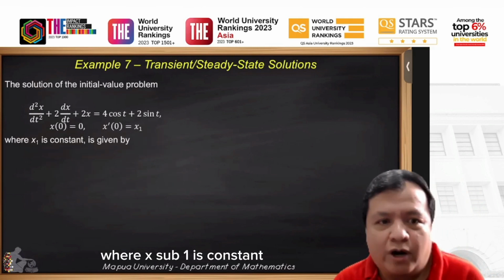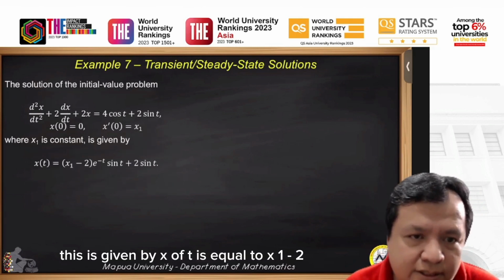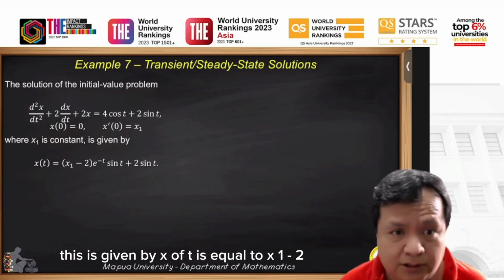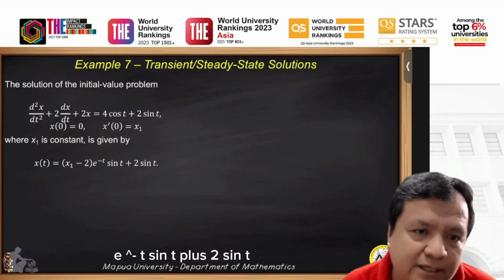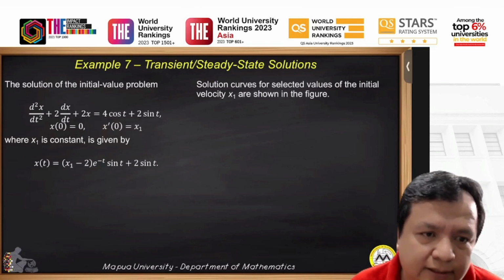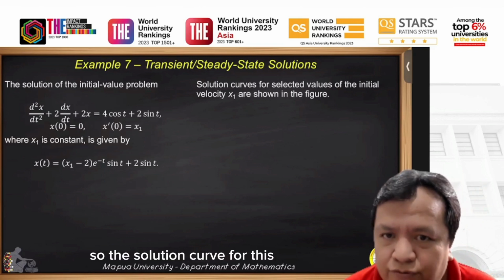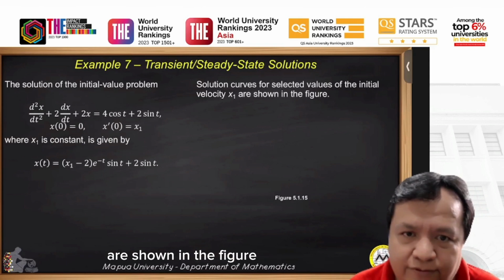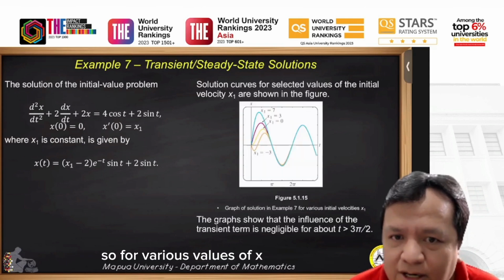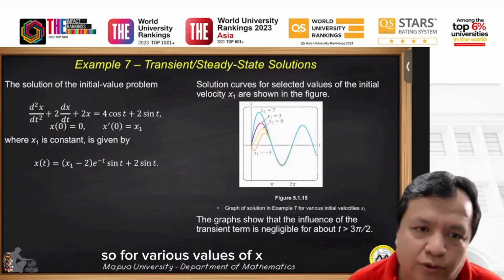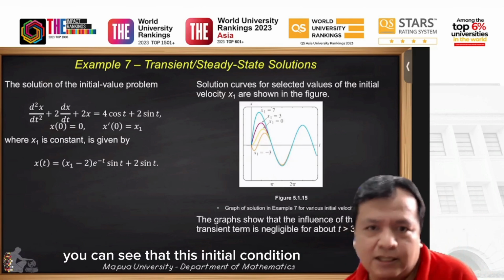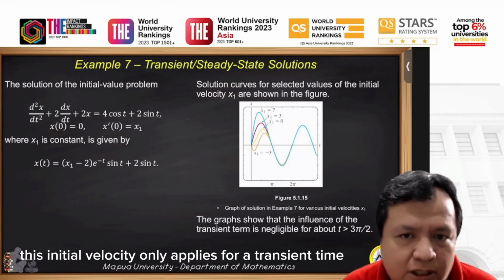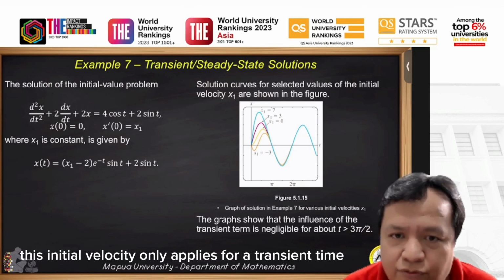where x sub 1 is a constant, this is given by x of t equal to x1 minus 2 e to the negative t sine t plus 2 sine t. So the solution curves for these selected values of the initial value x1 are shown in the figure. For various values of x1, you can see that this initial velocity only applies for a transient time.